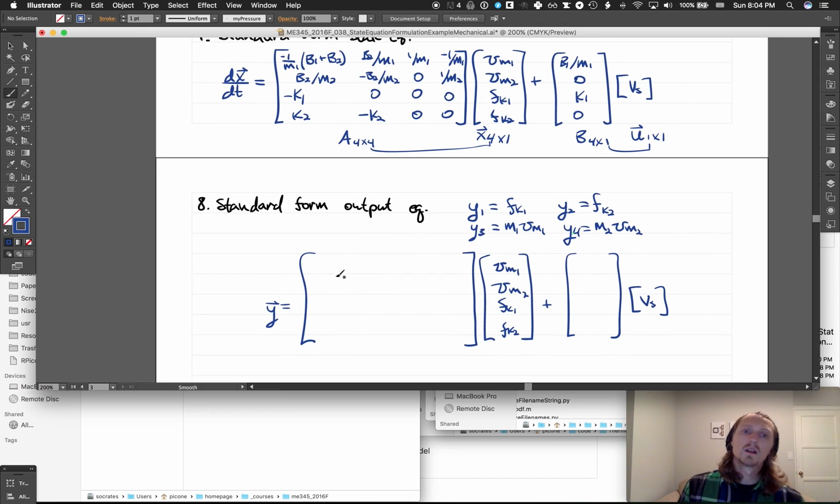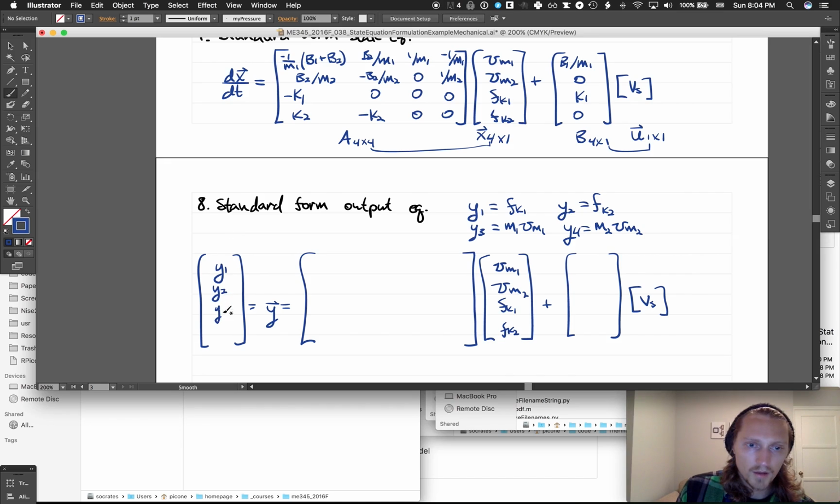So Y1, so that's our first one. If we were going to write this out element-wise, we would say Y1, Y2, Y3, Y4. So we have to write it in terms of this matrix vector product and then sum.